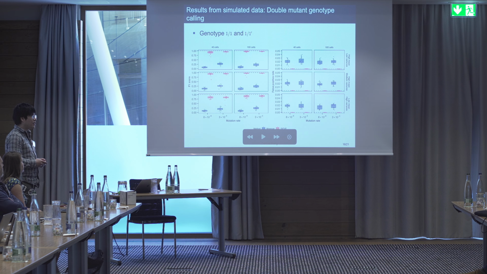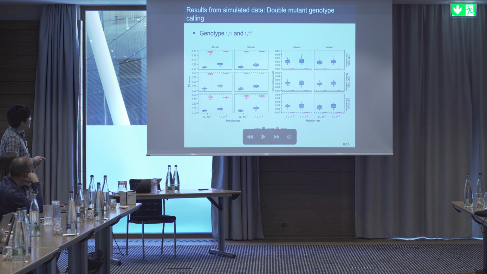This mainly comes from the performance in the precision part. As you know, the F1 score consists of recall and precision. In terms of recall, we are slightly higher than Monovar, but in terms of precision, we are much higher than Monovar, resulting in a much higher F1 score.